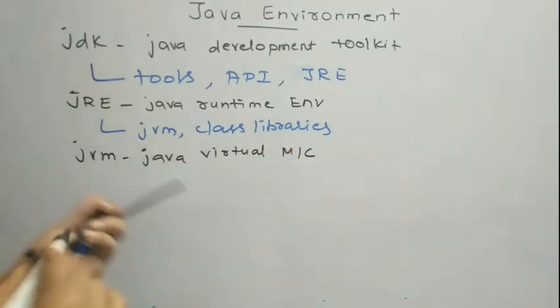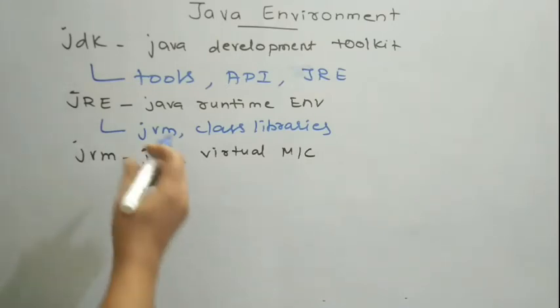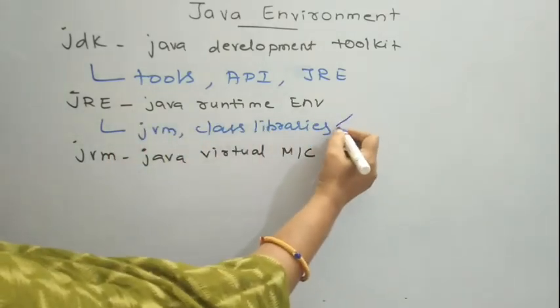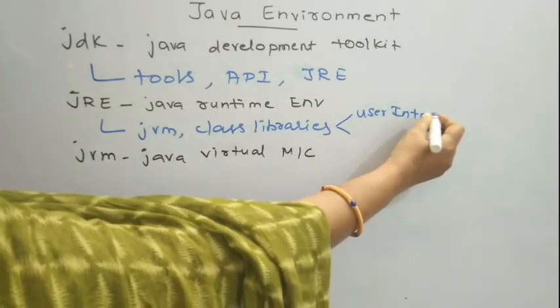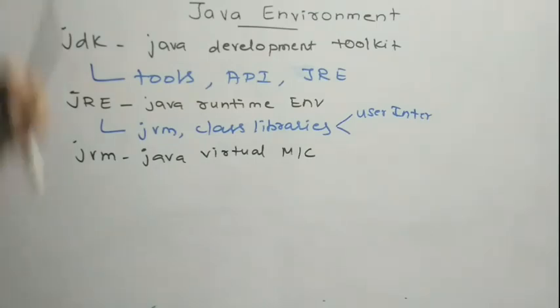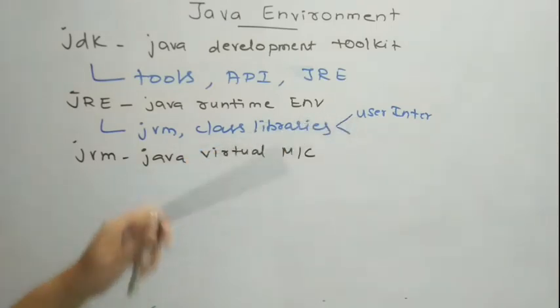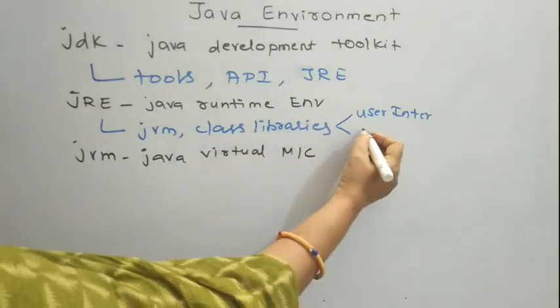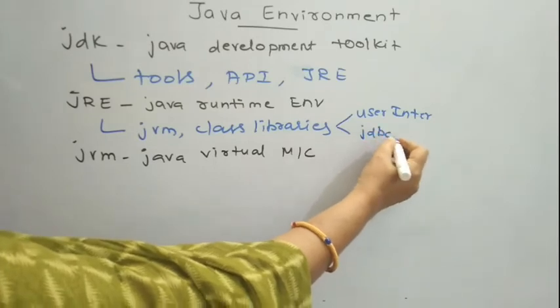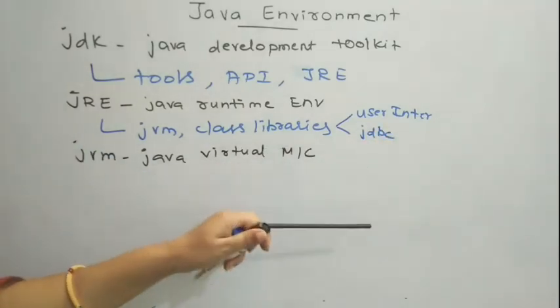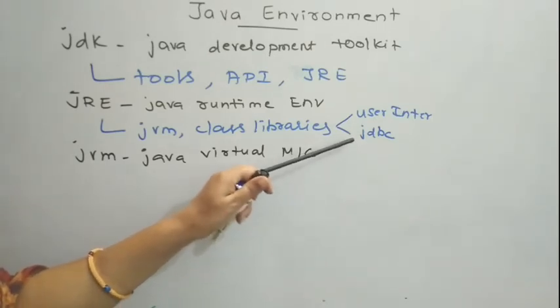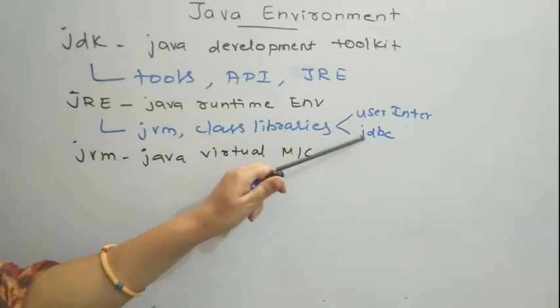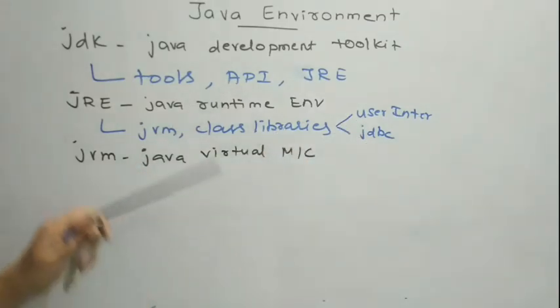Additionally, JRE also contains class libraries to process our user interfaces, for example Swing and Abstract Window Toolkit. It also contains interfaces to process JDBC, that is, when a Java program is connected to databases, we have class libraries to process the connectivity between the Java application and the databases.